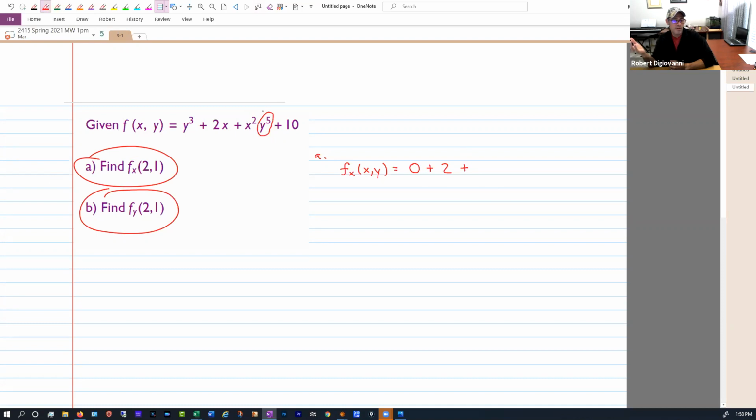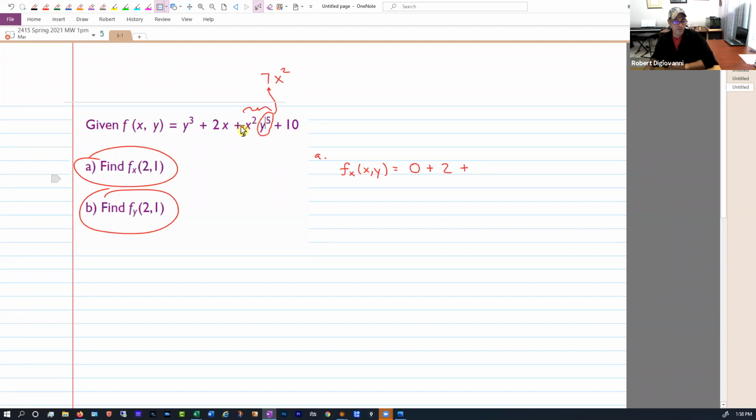Just some number. So I almost like to envision that this is something like, I don't know, 7x squared, where the y to the 5th is like the constant, right? So what would you do if you took the derivative of 7x squared? Just bring the 2 out front, multiply it times 7, you get 14x. We're going to do the same thing here.